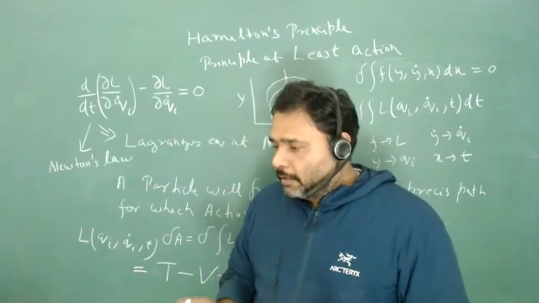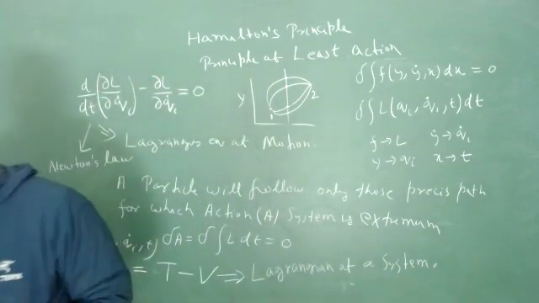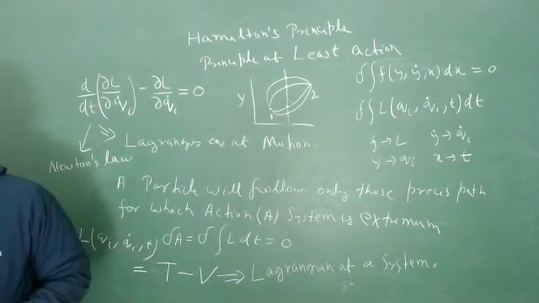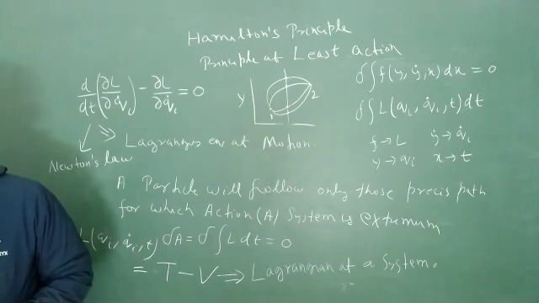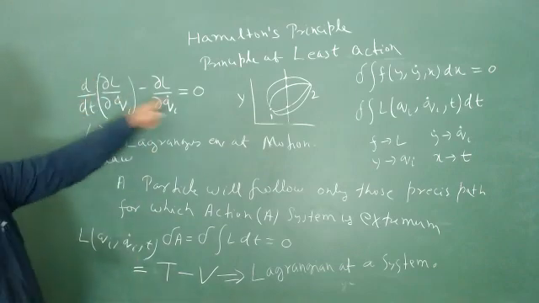So how did we identify this? It is all about action. Clear? How did we identify that this function L is T minus V? Because I want this to be F is equal to ma.